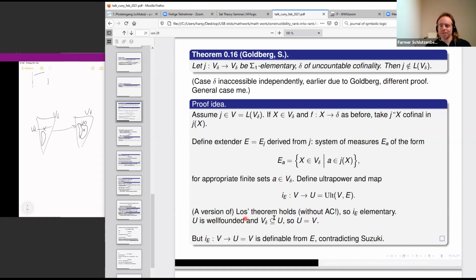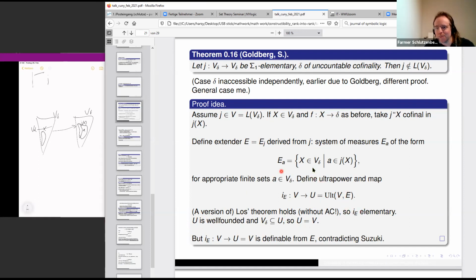Anyway, we can get it for the full extender, and so that gives an elementary embedding, and the ultrapower is well-founded, and the well-foundedness is where we really use the uncountable cofinality of delta. A failure of well-foundedness, you can reflect into some smaller piece of the embedding and get a contradiction. So we've gotten this U, which is well-founded, and it's this elementary embedding.